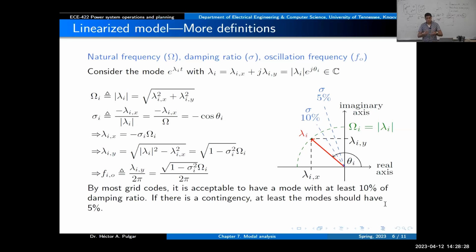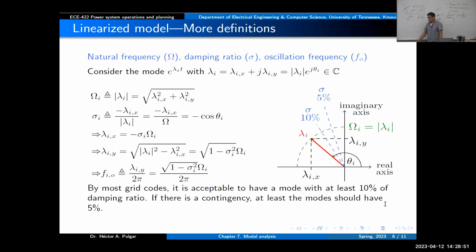It's simply a measure of how fast an oscillation will damp. How fast. In practice, we would like all the modes in the system to have at least a damping ratio of 10%. Yeah? So if you have 30, you're fine. Very fast damping of the mode.